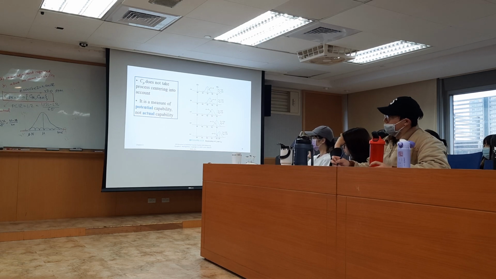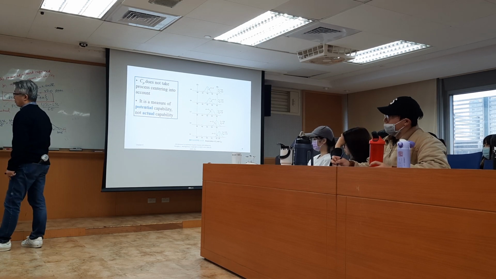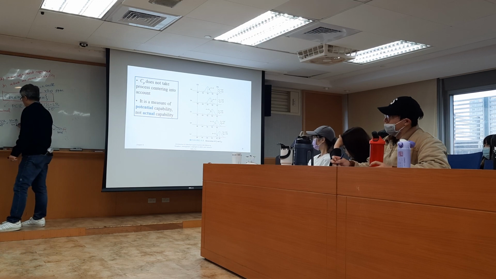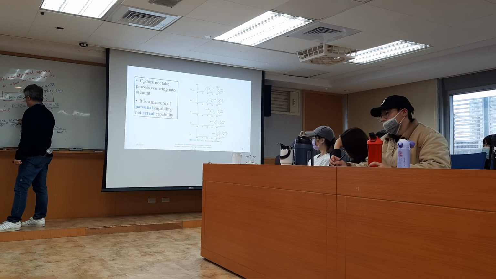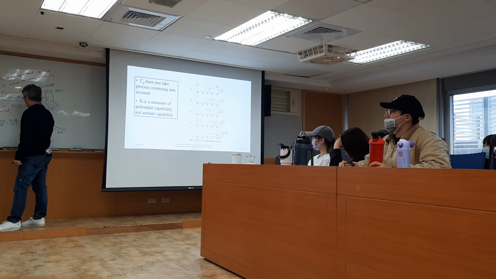Sigma is 6 divided by 3, so 2. So this is 15 over 6, which is 2.5.